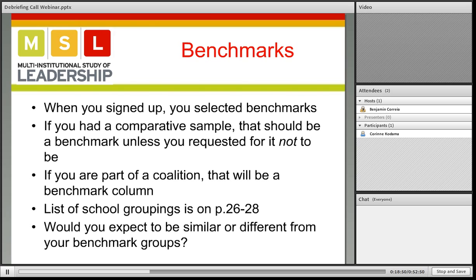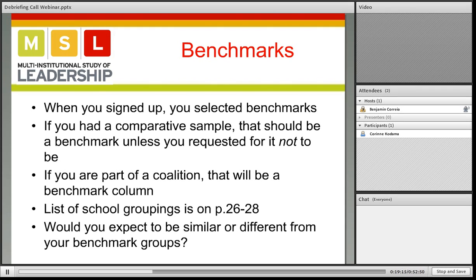So if you selected, say, small schools or highly selective institutions, you can see which of the 88 schools fit into that group. Something to consider with your team as you work through this is, would you expect to be similar to or different from your benchmark groups?